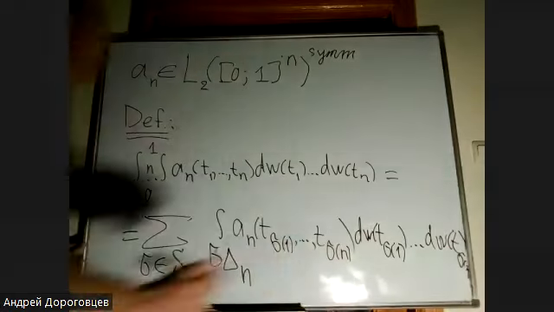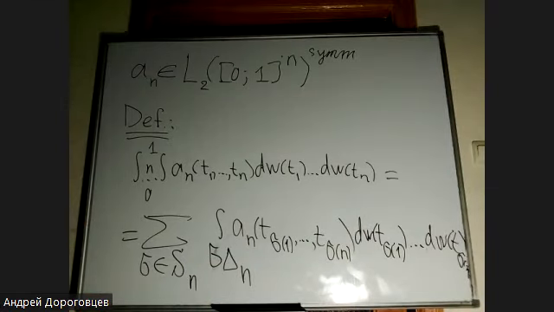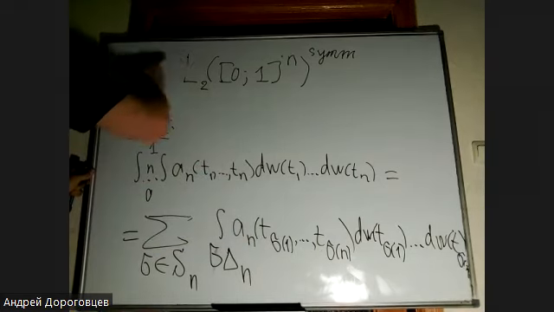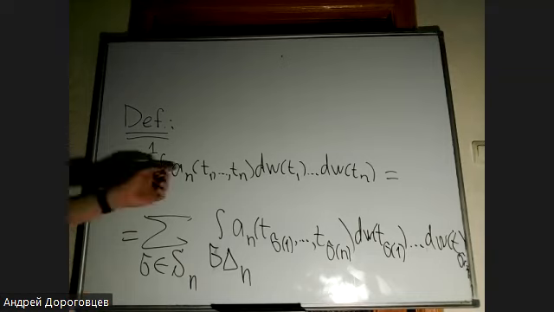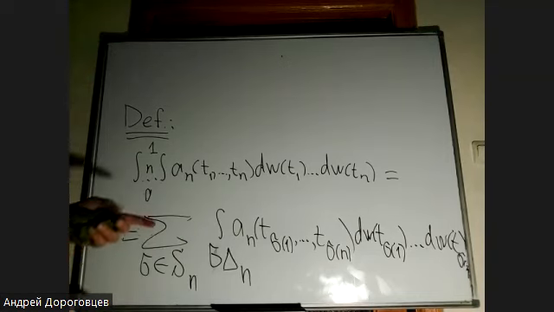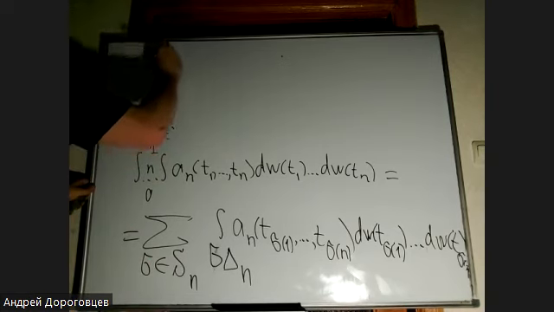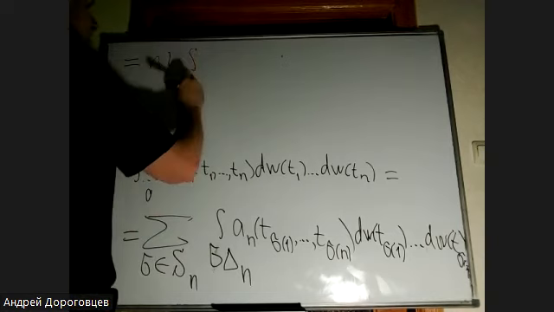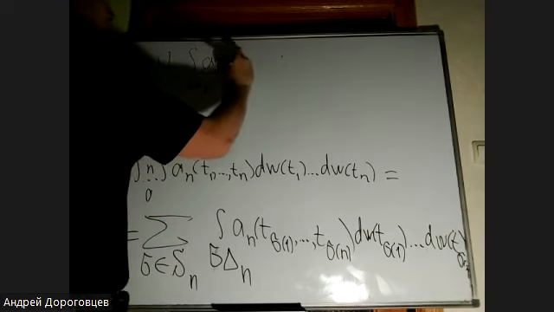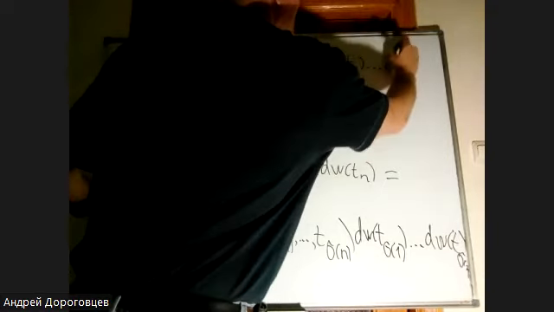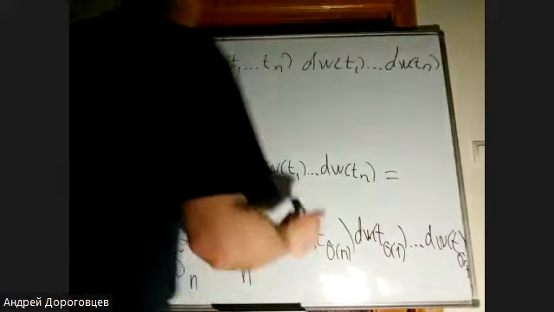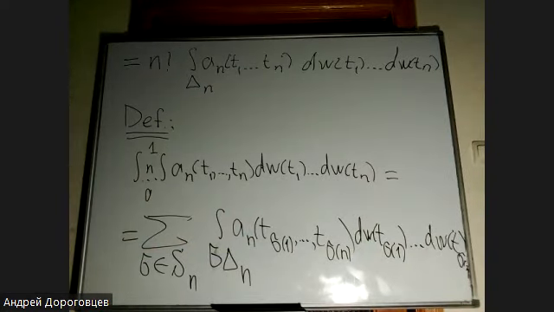And of course, this is just a definition, but we can continue writing using symmetricity of a_n with respect to permutation of arguments, and then one can say that this is n factorial times the integral over the simplex of a_n(t1,...,tn) dW_t1 ... dW_tn.